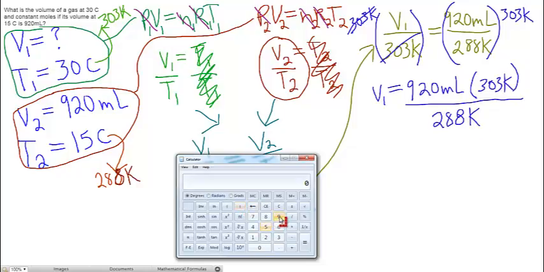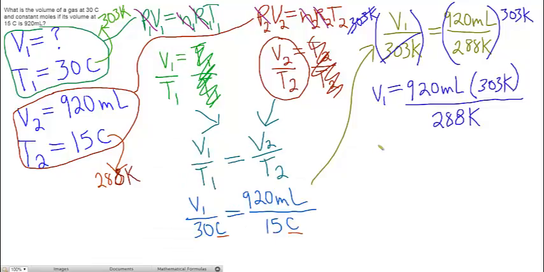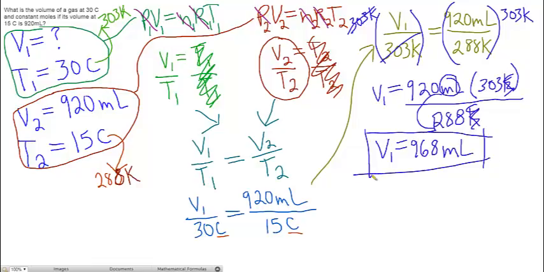Now if I calculate 920 times 303 divided by 288 equals, my volume 1 roughly equals 968. And the units are going to be the same because we crossed off the Kelvin here. We're going to have milliliters left. Milliliters. That's my final answer.